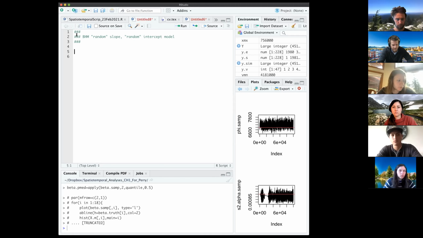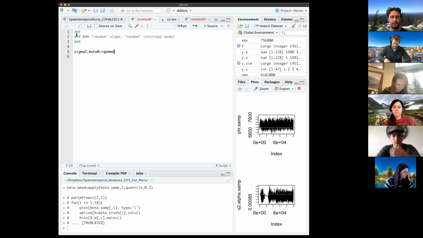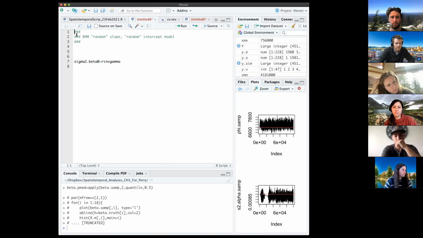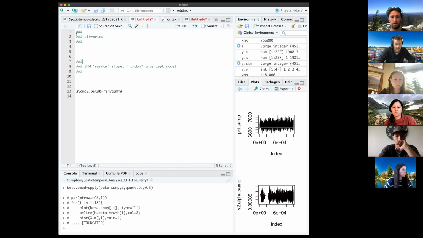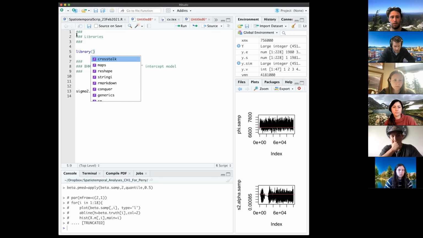So we're going to have sigma 2, beta 0. Okay, R inverse gamma.